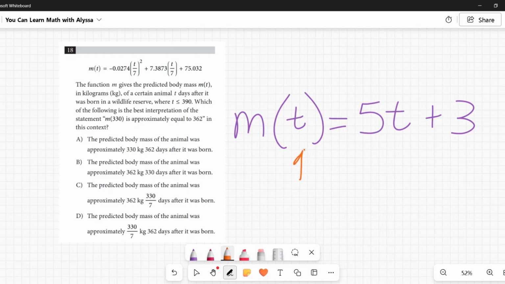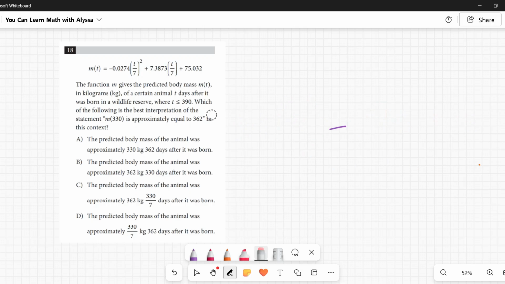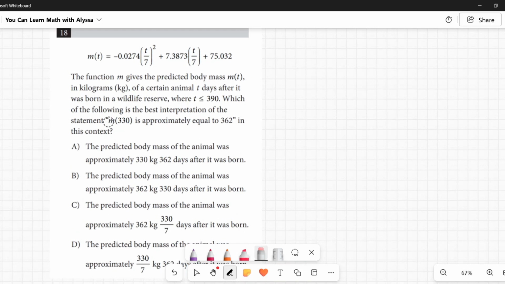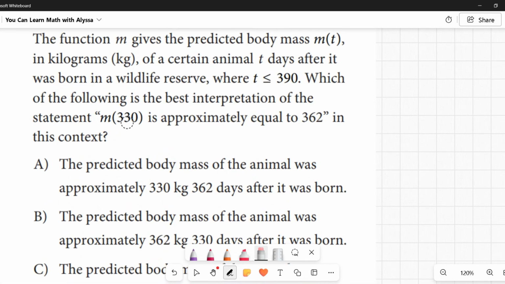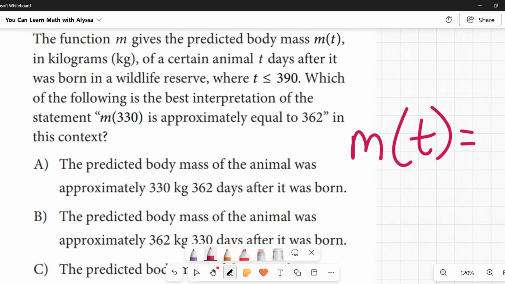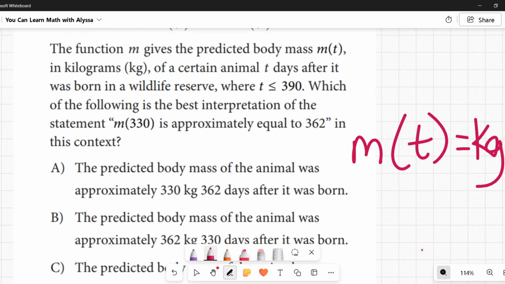It's saying if I plug in a number for t, the number of days, and do the math, I will get the mass of this animal in kilograms. That is it. So we don't even really have to look at that equation. We just know m of t equals the number of kilograms for the mass of the animal.